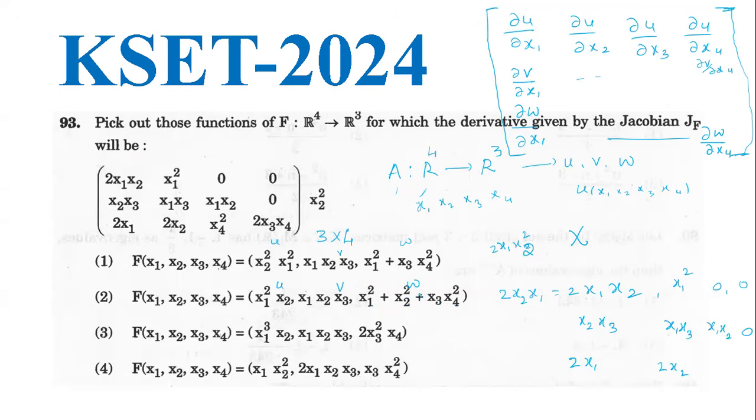Partial derivative of w with respect to x3 means x4 square. Partial derivative of w with respect to x4 means 2x3 x4.